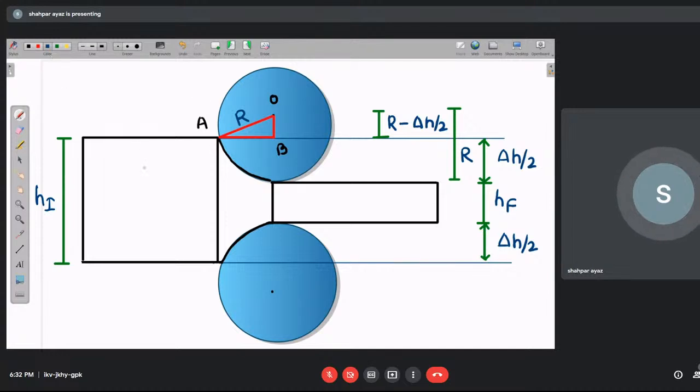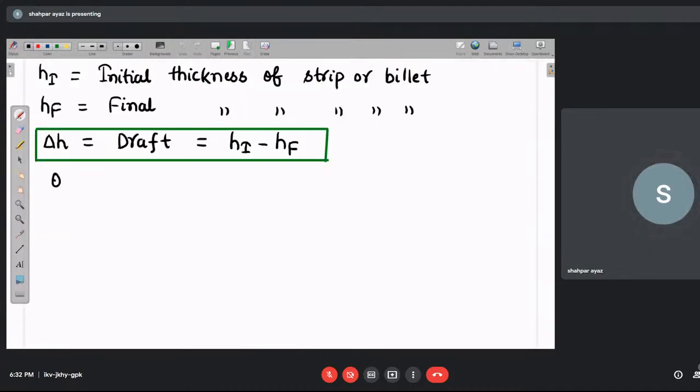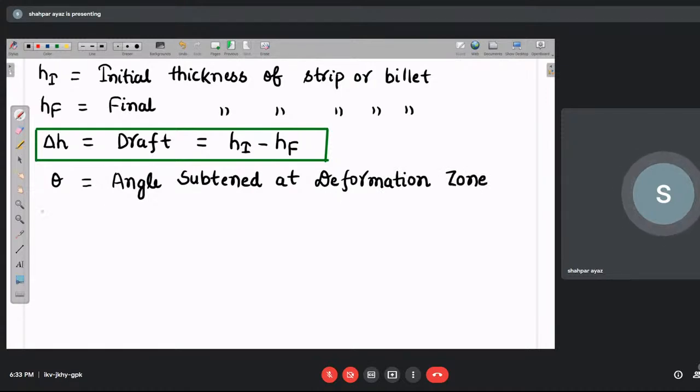If I just want to calculate the angle subtended, it is called your angle of deformation. This is your theta. In the triangle OAB, my dear, theta is the angle subtended at the deformation zone.